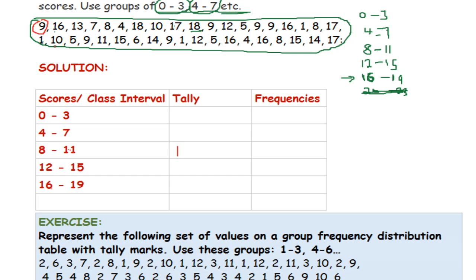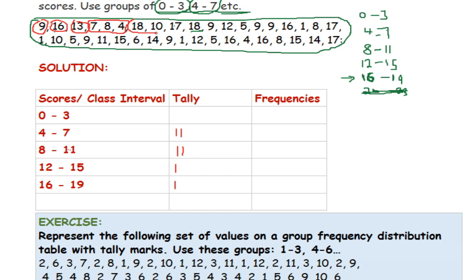Next is 16, represented by a tally mark against 16 to 19. Next is 13, found between 12 and 15, so I will draw a stroke against it. I'll take the numbers in threes to make me faster: 7, 8, 4, a stroke for 7 here, 8 here, and 4 here.